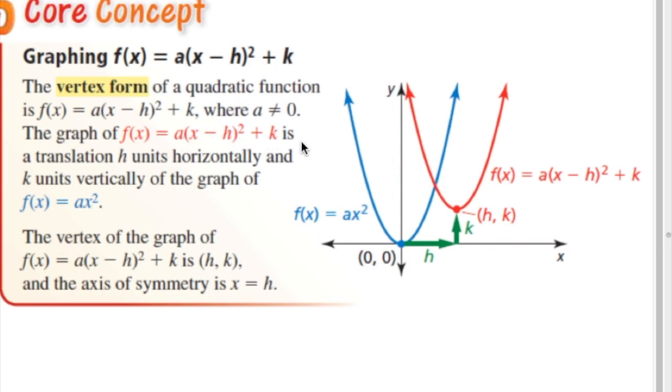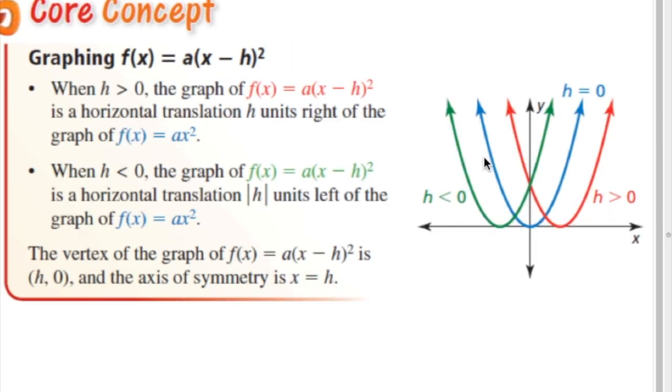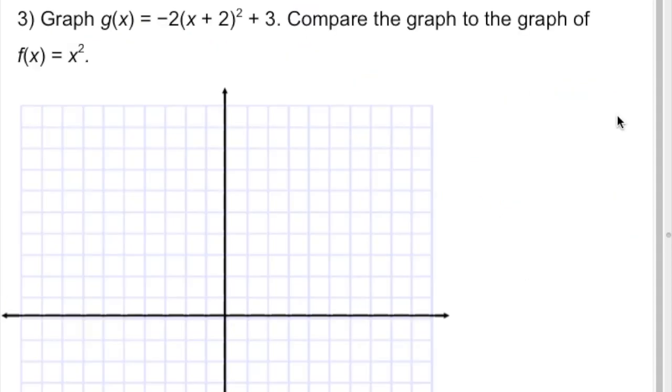So h is going to be horizontal translation, and then k is, you're going to move it up or down k units vertically. So as we talked about before, your vertex is now (h, k), not (h, 0), and your axis of symmetry is still h. Just to quickly go back to the original slide that we were talking about, this is also a vertex form kind of in a sense because your k value is 0 in this case.